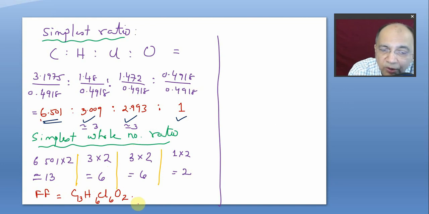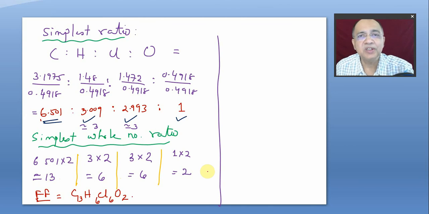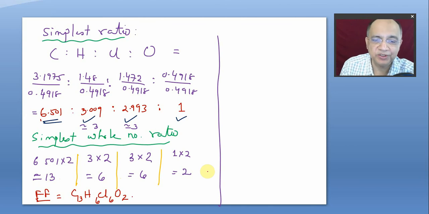So the empirical formula is C13H6Cl6O2. Right? You understood? Here the molecular mass is not given, so we have no way to find the n factor and multiply with that to find the molecular formula. So we have to be content with the empirical formula, no further data.